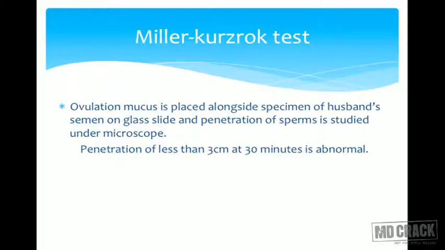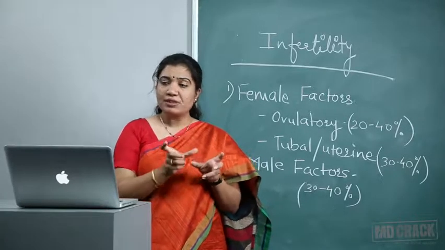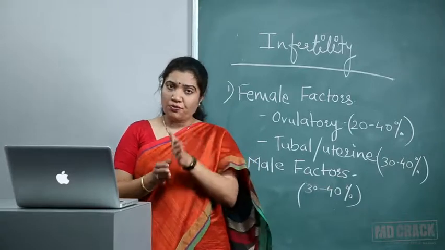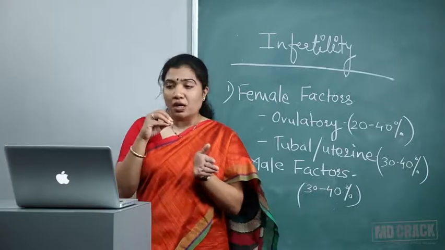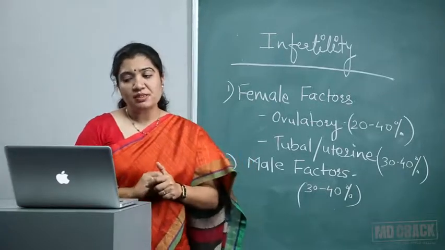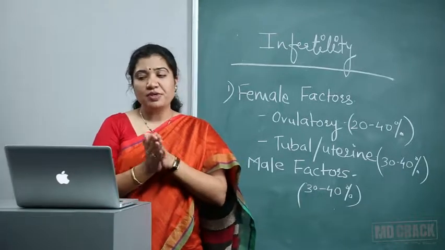Other test, Miller-Kurzrok. Ovulation mucus is taken. It is placed on a slide. Half of the slide has cervical mucus and on the other half the husband's semen is taken and placed, and the reaction is seen at the interface.